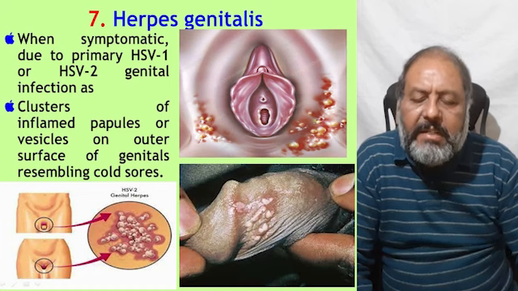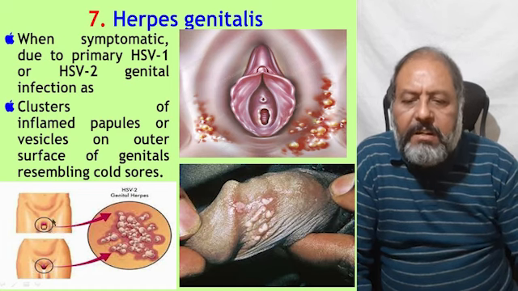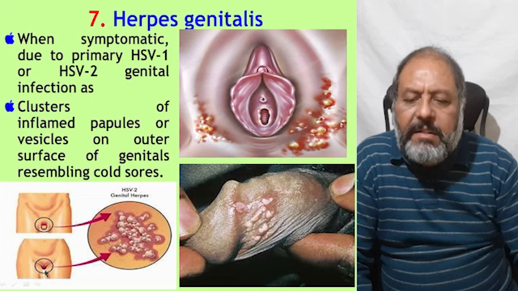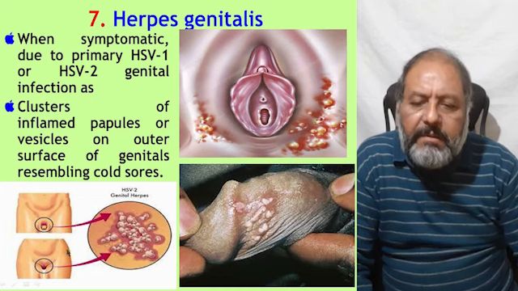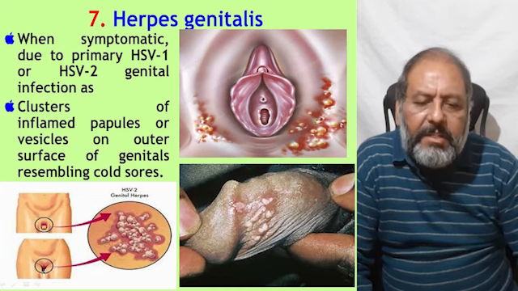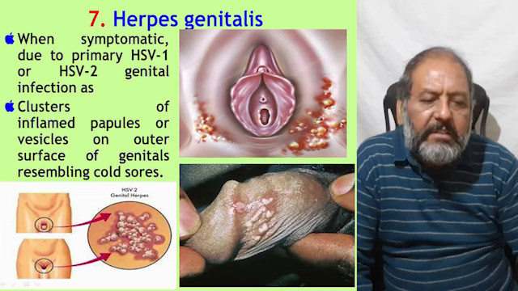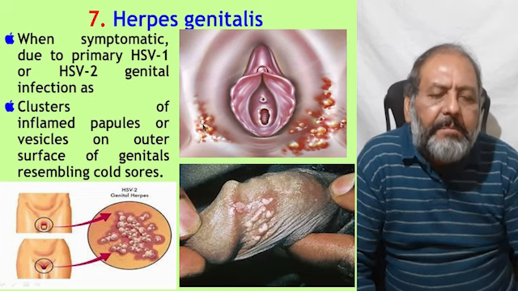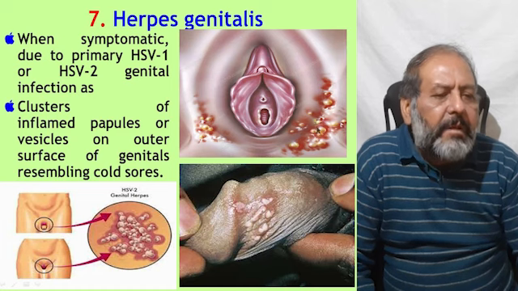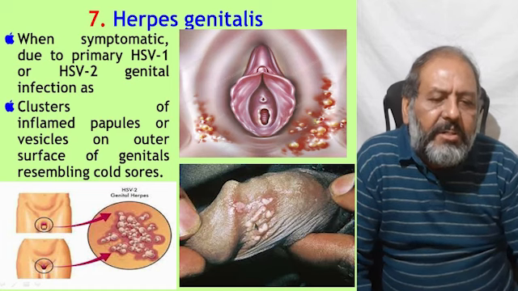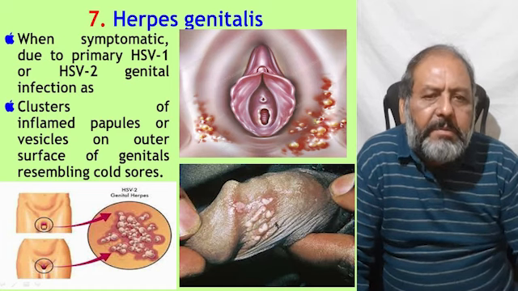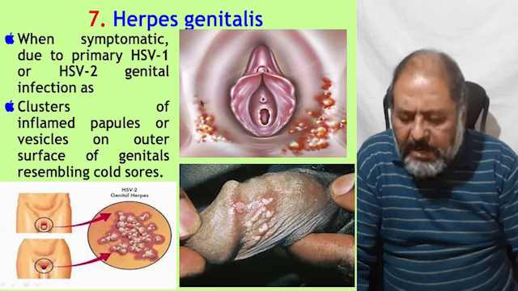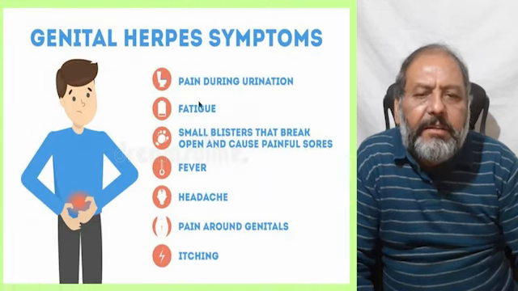Here one can see the genital organs of the male and the vagina of the female. The penis and the vagina have these kinds of vesicles. Here one can see the labia with blisters, and on the shaft of the penis there are blisters. These are part of herpes genitalis.